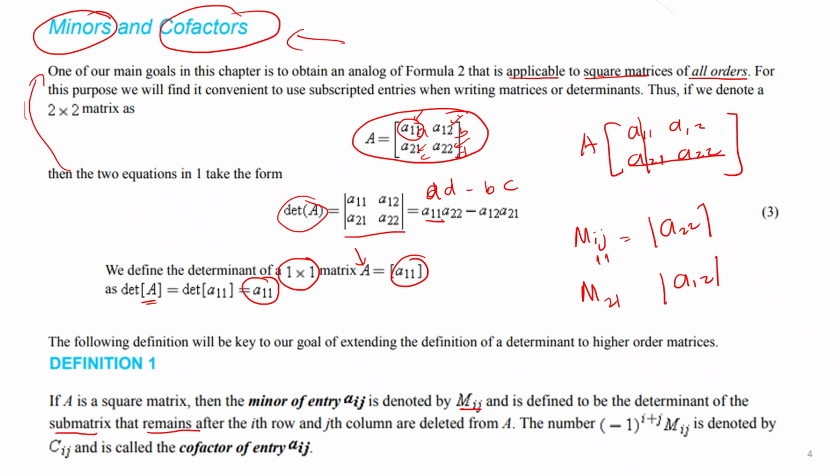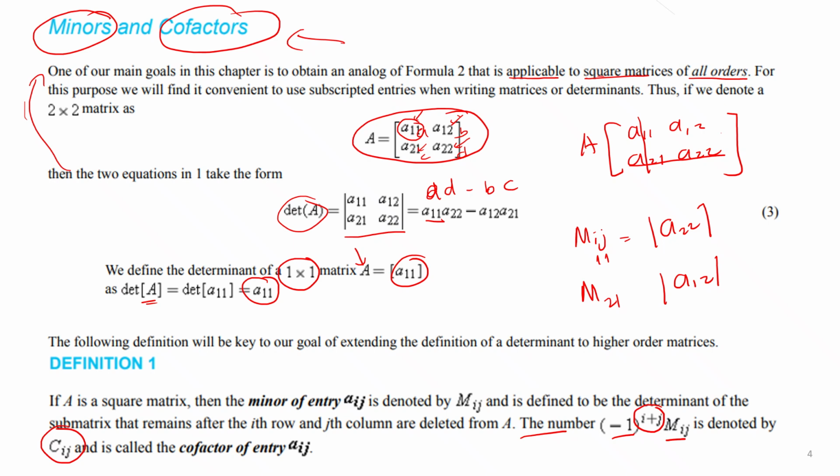Now what about another term called the cofactor? It is represented by Cij. It is the number minus 1 to the power of i plus j multiplied by the value of that minor Mij.